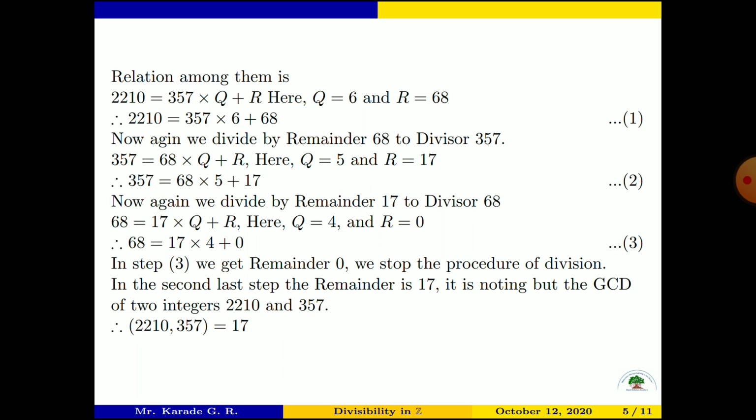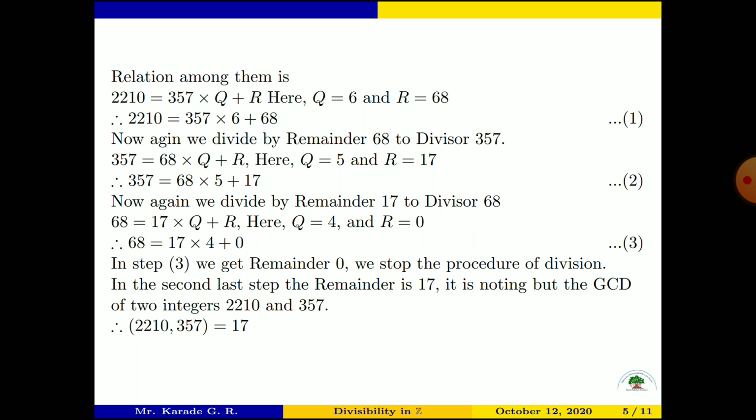Now again we divide, taking the remainder 68 as the divisor of 357. So 357 is equal to 68 into q plus r, where q is 5 and r is 17, which means the remainder is 17. Therefore we get the next relation, 357 is equal to 68 into 5 plus 17.